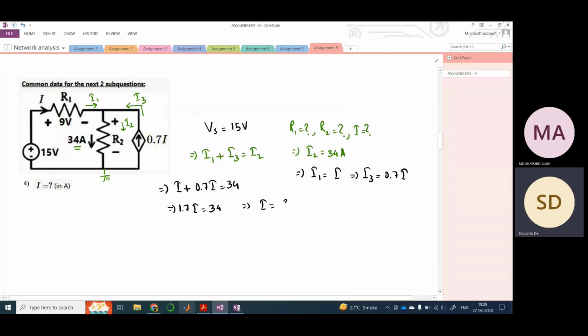So 34 by 1.7 is 20 amperes. Therefore this is the answer to the first question. I hope this is clear. Pretty simple. If you are provided with these values, you don't need the resistance values. So this makes the analysis and calculation much easier and quicker. I hope this is clear.